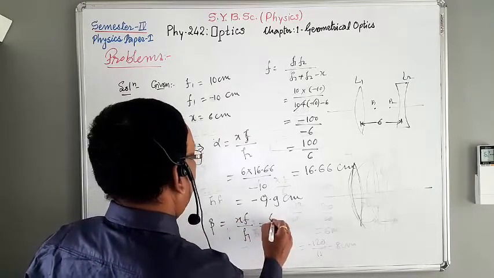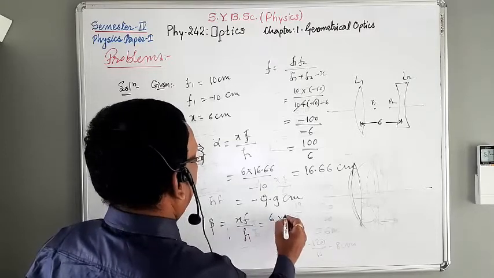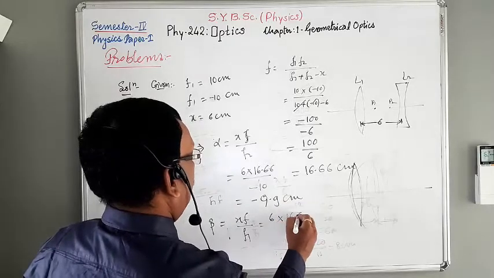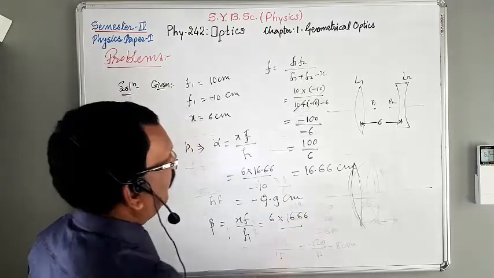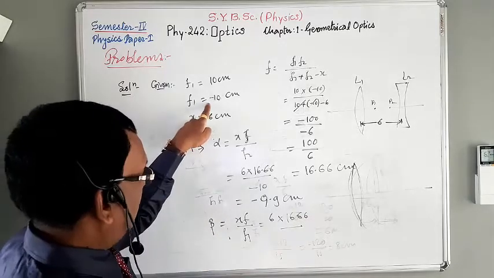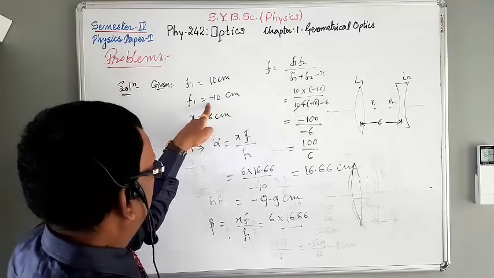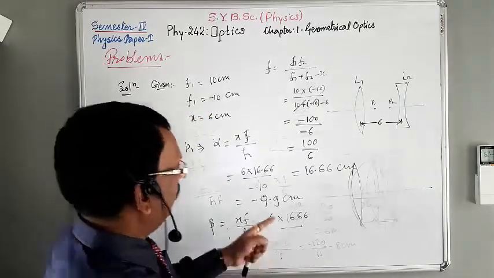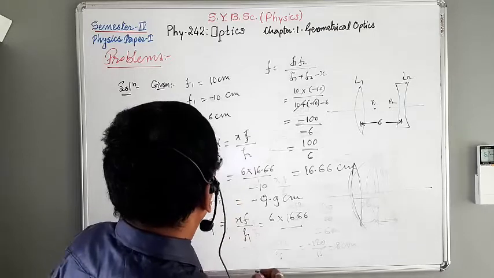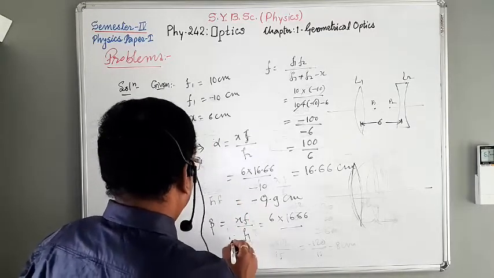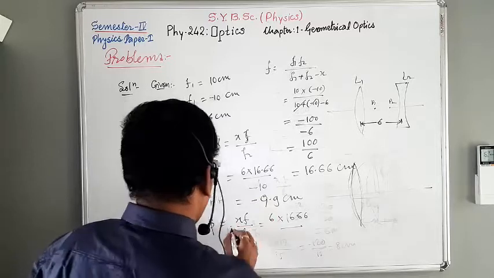X is 6, f is 16.66, and the value of f1 is 10, with a minus sign.